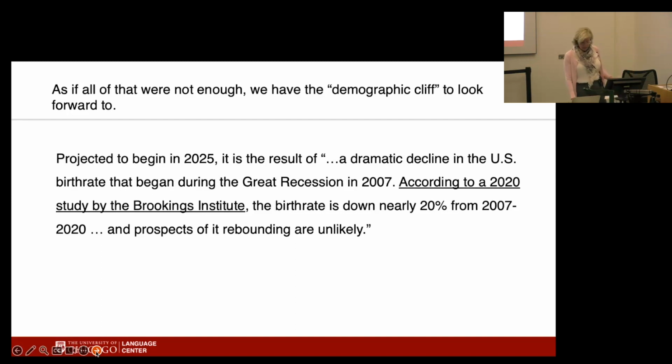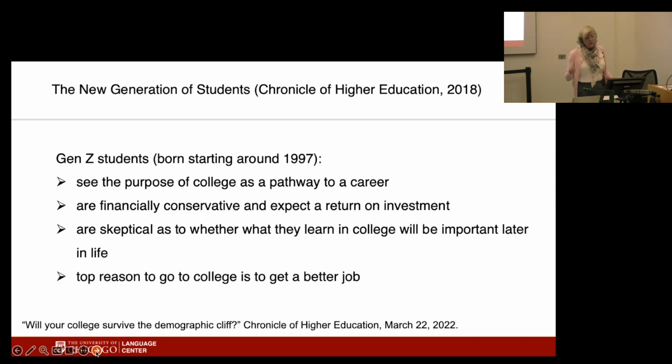And one final bit of data, and this is a really interesting monograph, if you can get a hold of it, about Gen Z, the kids. And I know in the last 8 to 10 years on my campus, some of us who have been around for a while have said the students have changed, and they have changed.